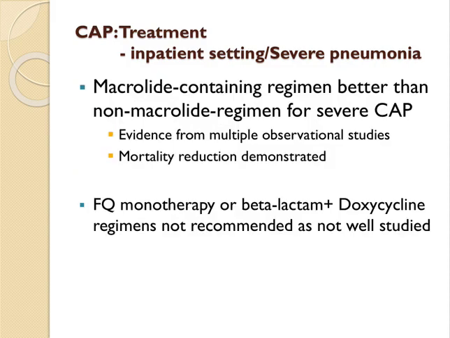And I wanted to show you some data indicating that it has been shown that macrolide-containing regimens are better than non-macrolide regimens for the treatment of severe community-acquired pneumonia. And these are the current recommendations.